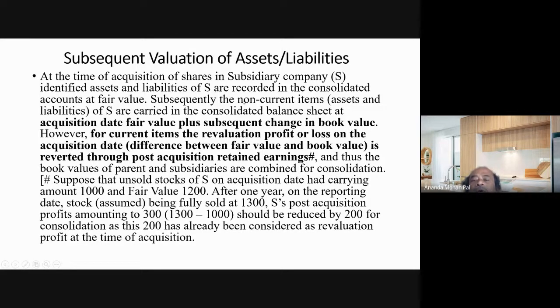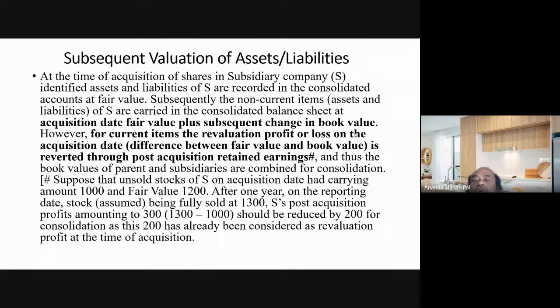Subsequently, non-current assets and liabilities of S are carried in the consolidated balance sheet at acquisition date fair value plus subsequent change in book value. That is, they would not be afterwards taken at fair value.